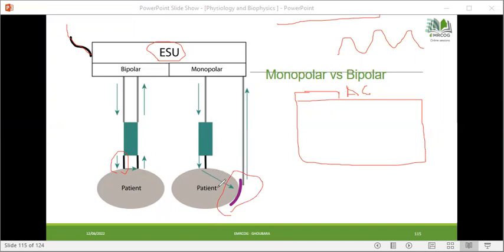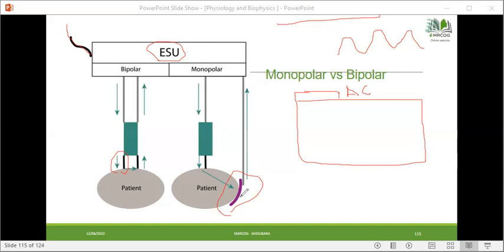If the patient is wearing any type of metals, this type of diathermy cannot be used. If the patient has a synthetic or metal valve in his heart, for example, this type of electricity cannot be used. Why? Because the electricity moves inside the patient's body. What happens if this plate is detached, not firmly attached?